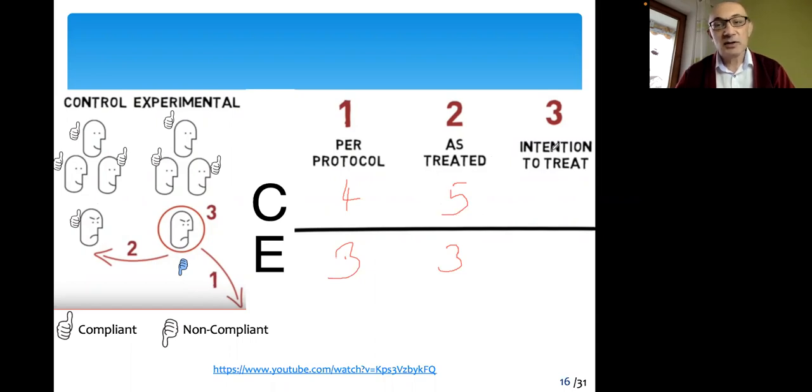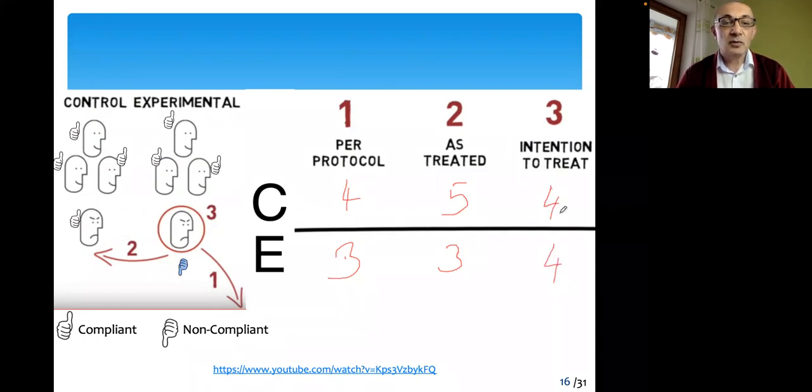And the suggested type of analysis is intention to treat, which means whatever medications or whatever protocol the participants have followed, we are supposed to analyze them in the groups to which they were assigned at the beginning of the research. So here we had 4 in the beginning, and in the other group also we had 4.